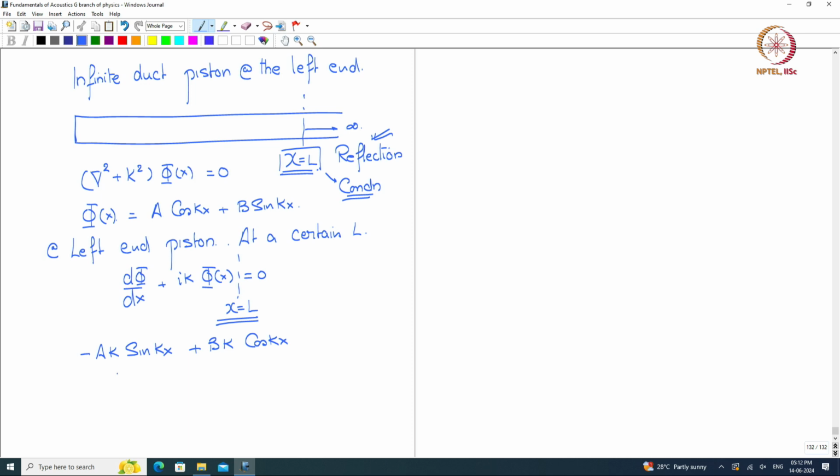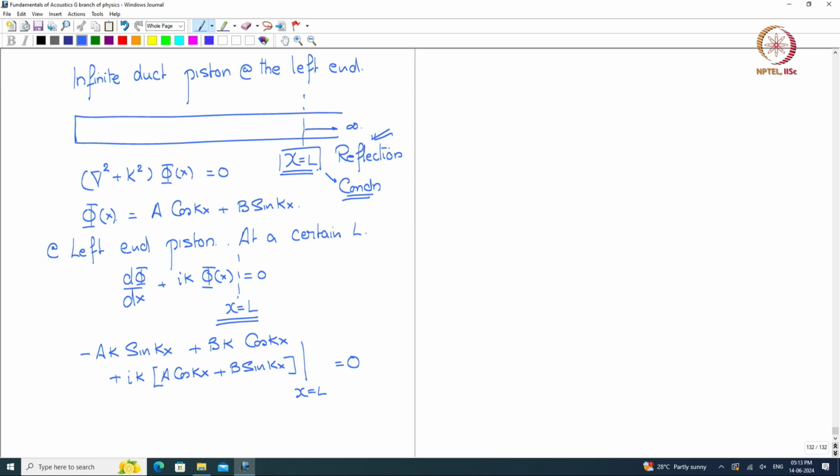Then I have plus ik phi, which is a cos kx plus b sin kx. All this applied at x equal to L, that must be 0. Okay.